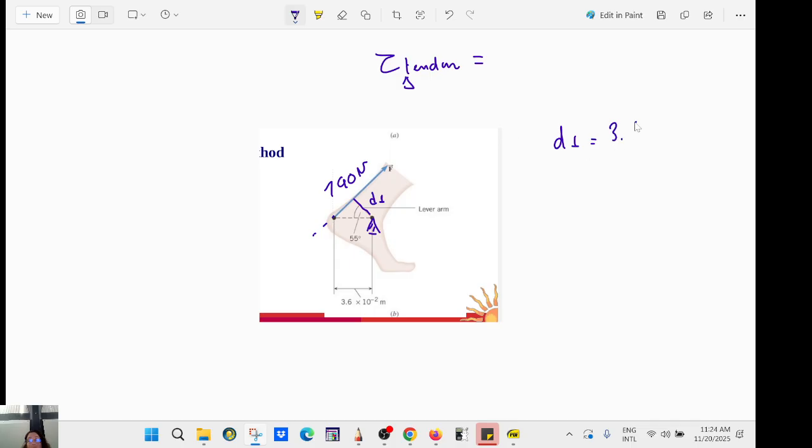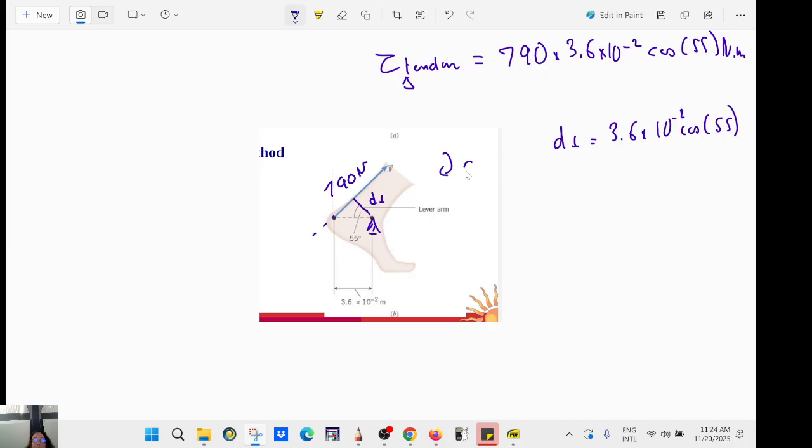So it will be 3.6 times 10 to the negative 2 cosine 55. Do you agree? So it will be 790 times 3.6 times 10 to the negative 2 cosine 55 Newton meters, and that will be clockwise. So it will be negative, so it will go into the board.